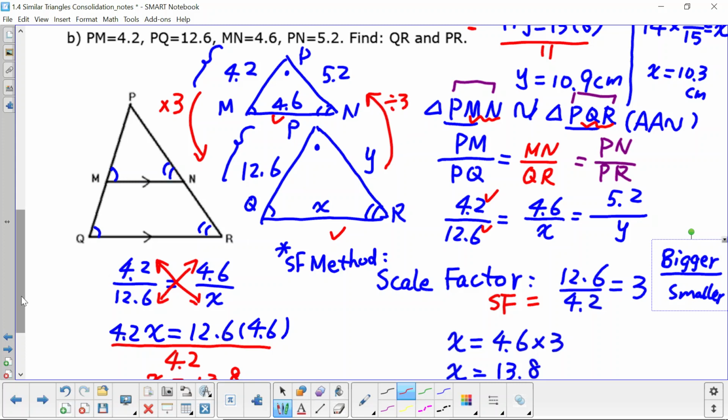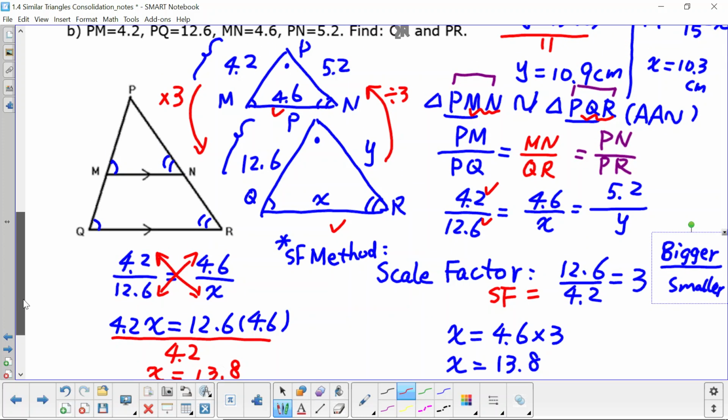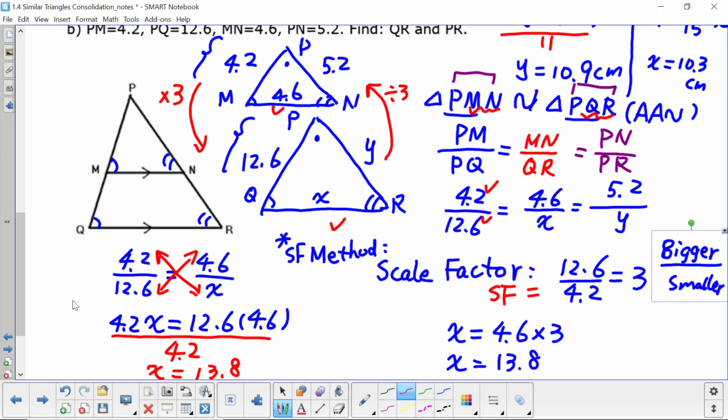Okay. So this is what we have done for today. Today we have learned the important rules for similarity. For similar triangles, the corresponding angles are equal. That is the first rule for similar triangles. The second rule is the corresponding sides: when you divide them, the ratios are equal.